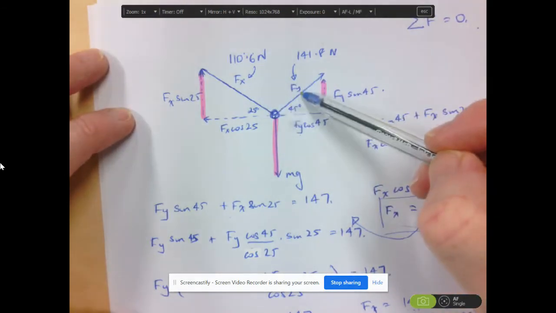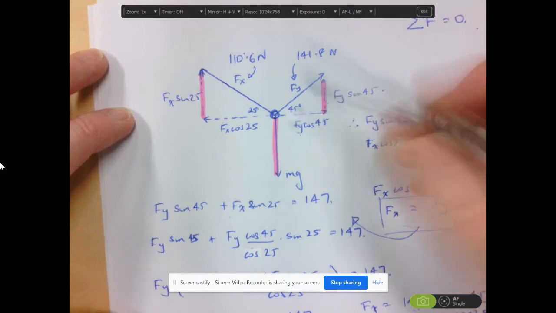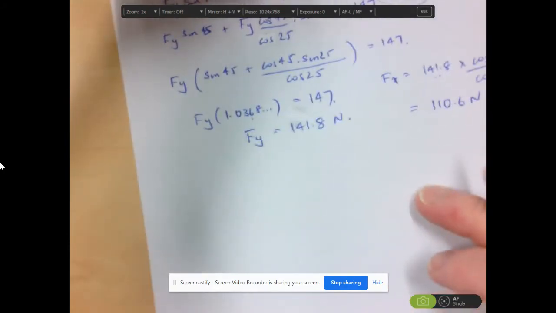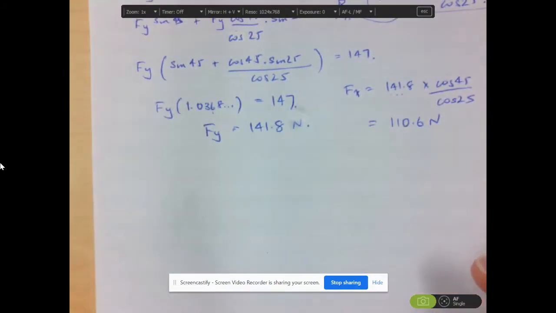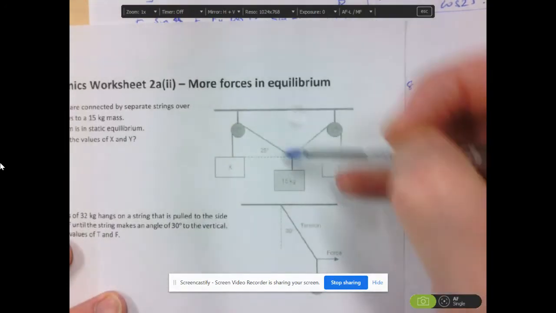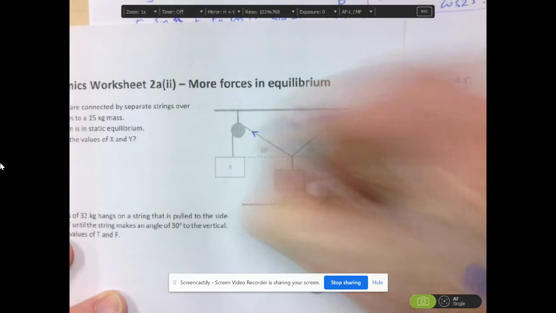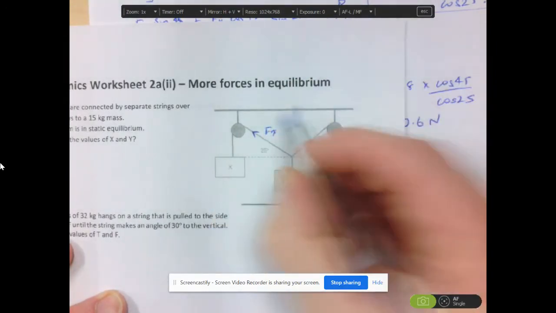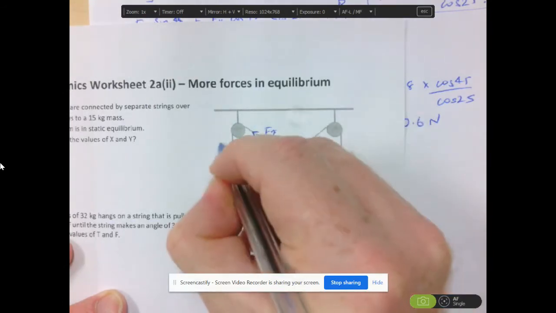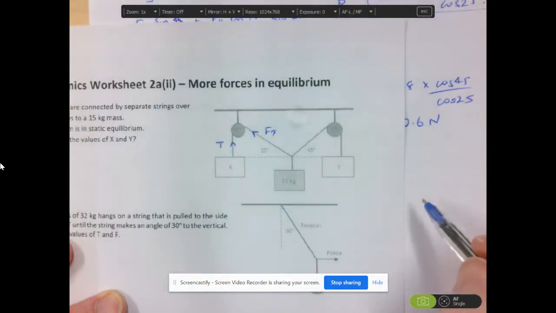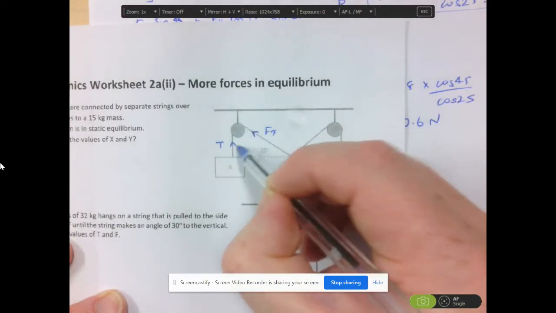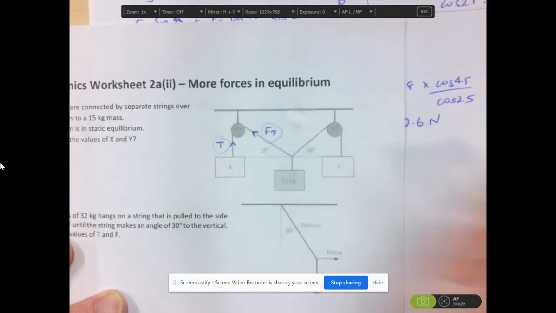But we don't want to find Fx and Fy. We want to find the mass values of X and Y. So how are we going to do that? Going back down and having a look at the situation, if we have a look at our diagram here, the force up here is Fx. It then goes over the pulley, and there is a tensional force here, which is pulling back. The pulley just redirects these two forces, and this tensional force is the same as the Fx.